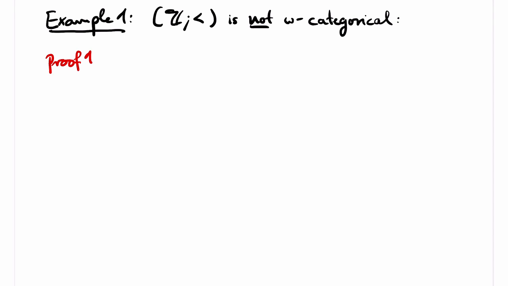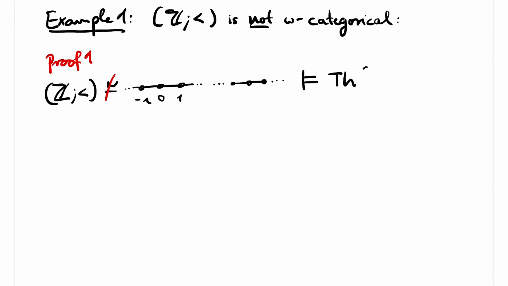We have already seen in a previous video that there are countable linear orders that are not isomorphic to Z, but satisfy the same first-order theory as Z. One example was obtained from taking the union of 2 copies of Z and making all points from one copy smaller than all points from the other copy. Therefore, Z is not omega-categorical.